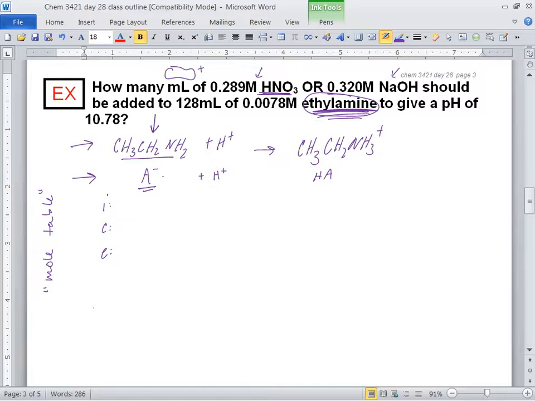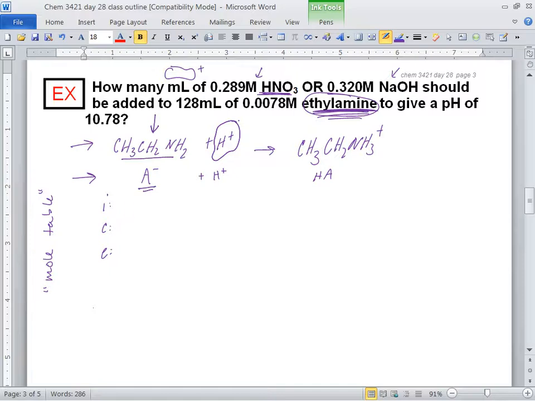So we're adding an acid or a base. You're always going to do these problems right here. You're either going to add a strong acid, or instead of H plus, you're going to write OH minus. That's how it's going to look every single time.